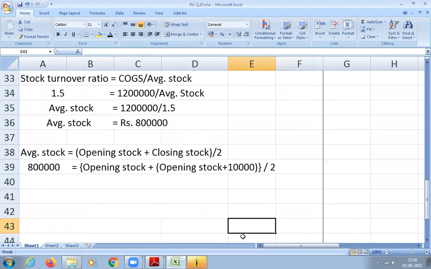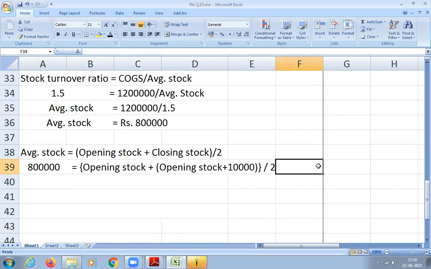So simplify further, open the brackets. What do you get on the left hand and right hand side? If I remove the bracket, what will I get? Everything is positive, it's a plus only. We are not using X here.